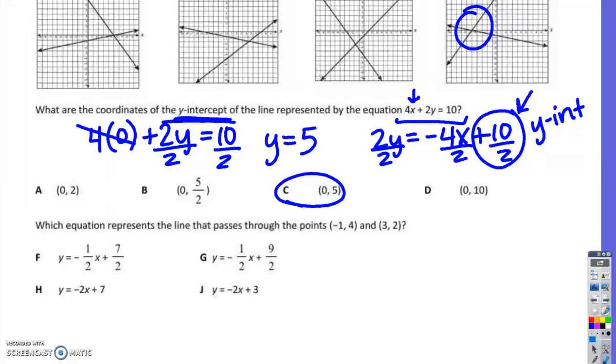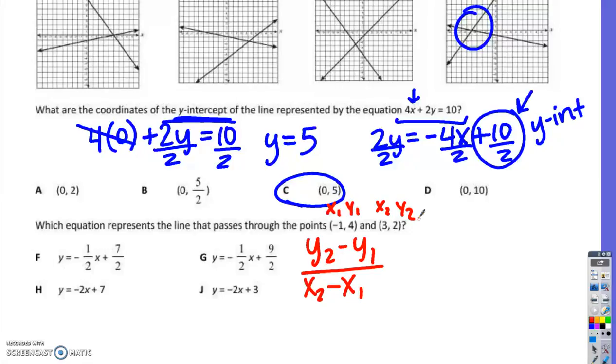And let's go ahead and knock out this last one. Which equation represents the line that passes through these 2 points? Okay, how do I find slope given 2 points? Think about it for a moment. Hopefully you remember, we do that by y2 minus y1 over x2 minus x1. So go ahead, label these: this is x1, y1, x2, y2, and let's plug those into our formula.